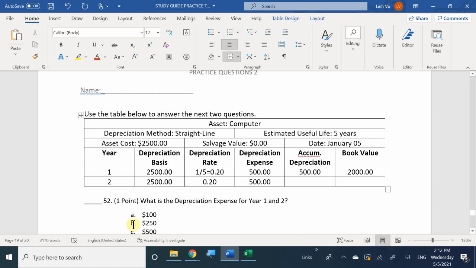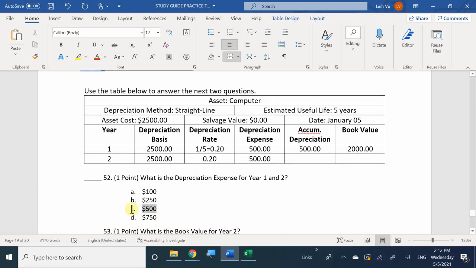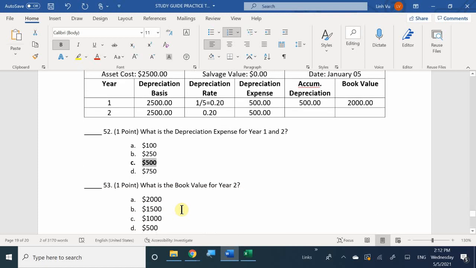C, $500. I can ask you questions like that. I can even ask you what is the book value of the asset as of year 2. So it's up to you. Make sure you read the question first so you can save some time.